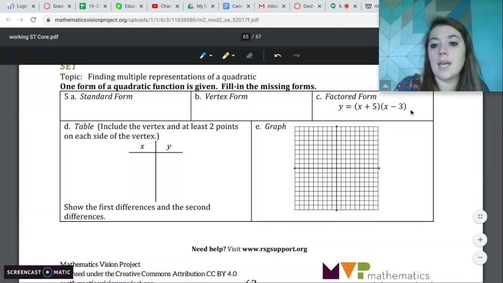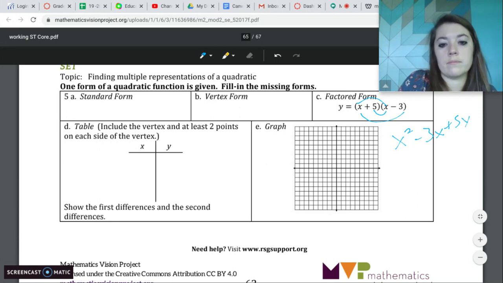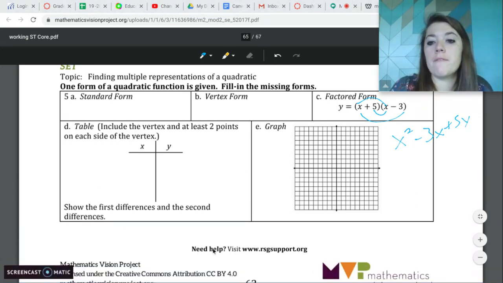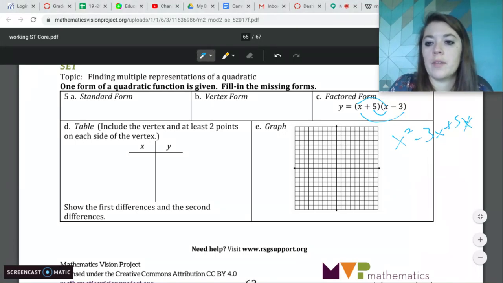So if we FOIL these, use FOIL to multiply them, x times x is going to give us x squared. X times negative 3 is going to give us minus 3x. Positive 5 times x, so we multiply the 5 and the x to get our 5x.